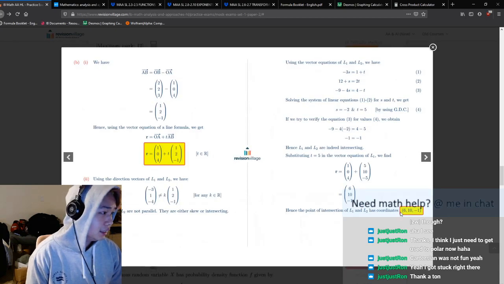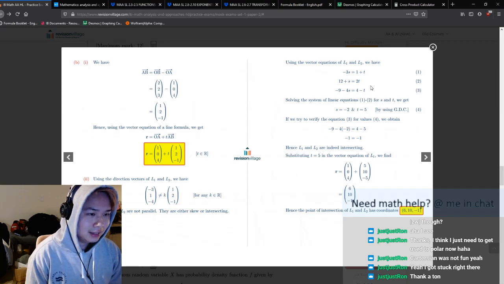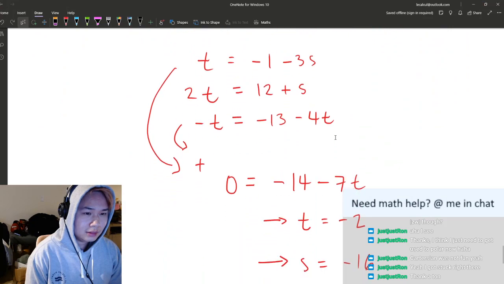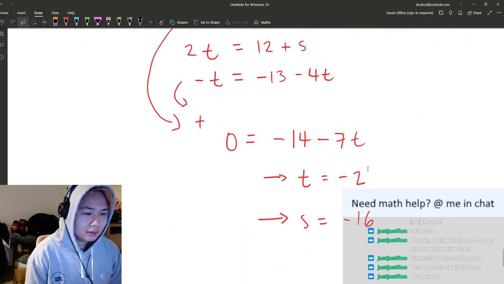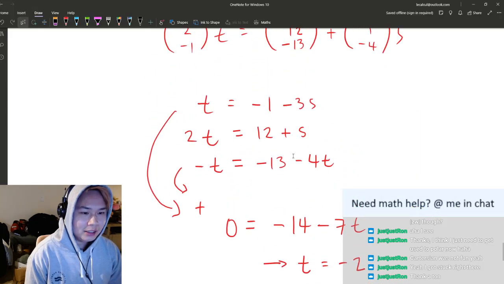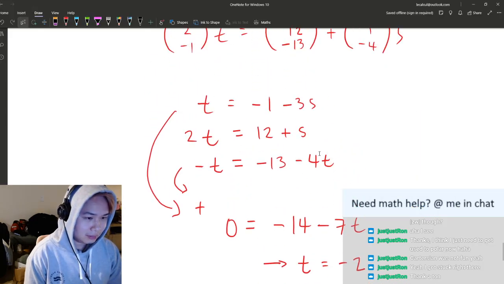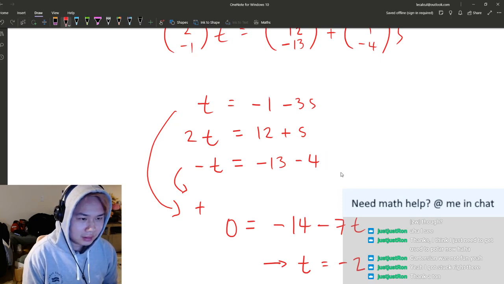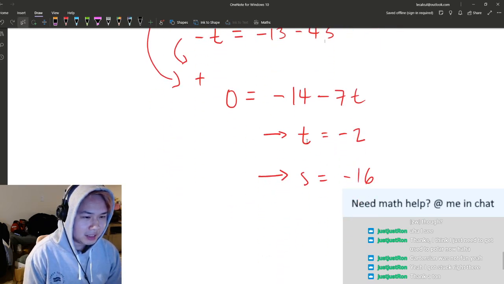Oh, apparently they intersect, so I did everything wrong. Okay, I got my t right. No, I didn't. Oh, wait, hold on. Oh my gosh. Cancel everything. Hold on. I messed up because I wrote the equations wrong.